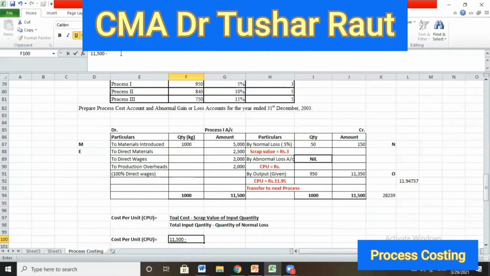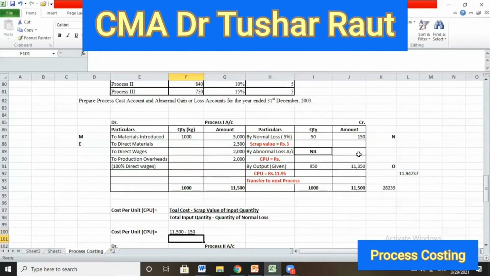Total cost will be 11,500 minus 150. So this is the total cost, 11,500, and this is the scrap value of normal loss, 150. Again divide by input quantity 1000 minus quantity of normal loss, which is 50. So 950.